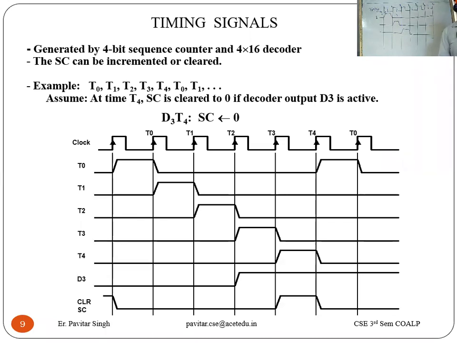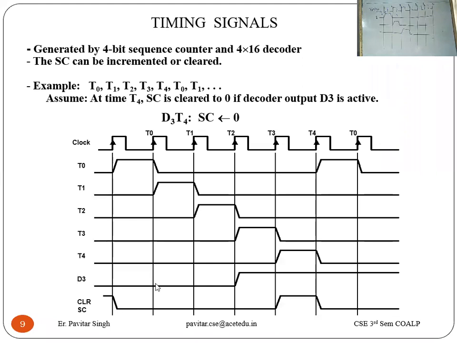So here the assumption is that at time T4, SC is cleared to 0 if decoder output D3 is active. So initially the value of the sequence counter is clear, so that is why it is shown with 0, right? This lower signal is for SC and this is for clear. So we have taken SC to 0 over here. After that, SC keeps on being incremented.